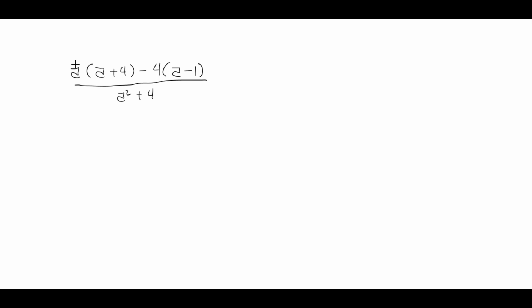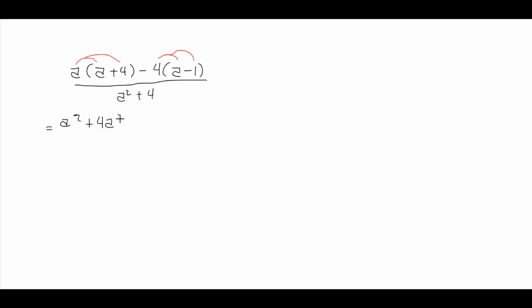We distribute the a inside the parentheses, and the same with 4. We multiply a times a to get a squared. A times positive 4 gets 4a.